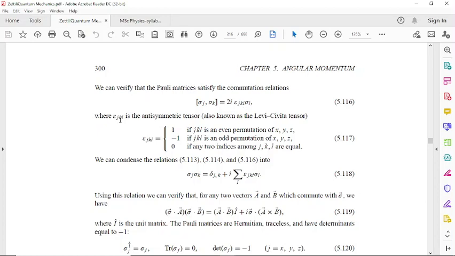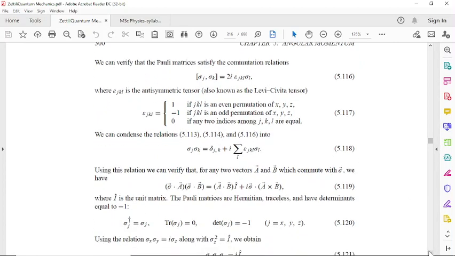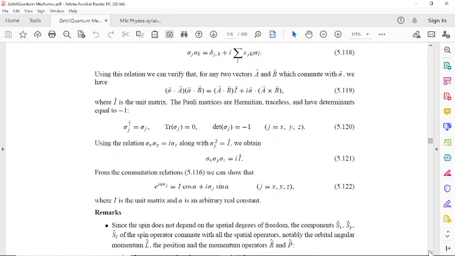The epsilon jkl is the anti-symmetric tensor known as the Levi-Civita tensor, and the Levi-Civita symbol is equal to 1 if jkl is an even permutation of x, y, z, minus 1 if jkl is an odd permutation of x, y, z, and 0 if any two indices among jkl are equal. And the Pauli matrices are Hermitian and have determinants equal to minus 1.